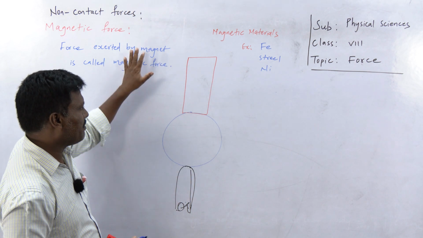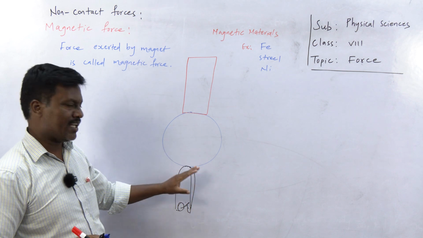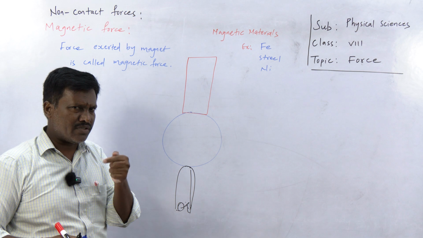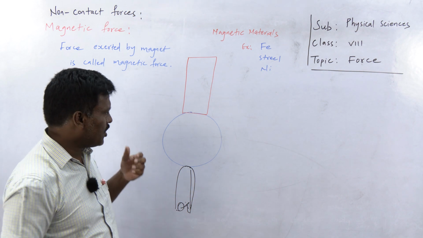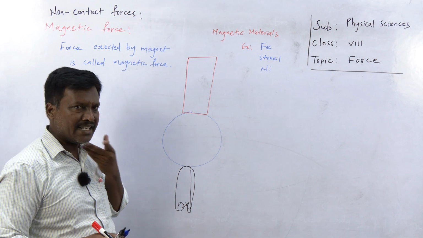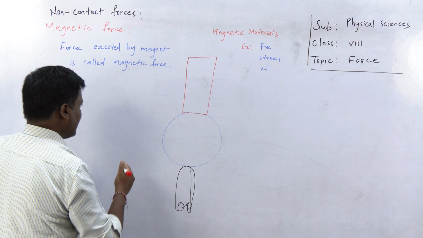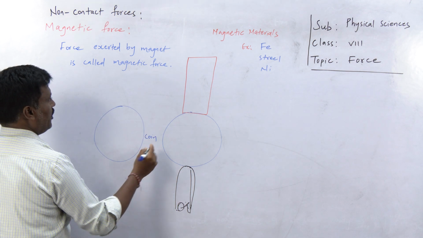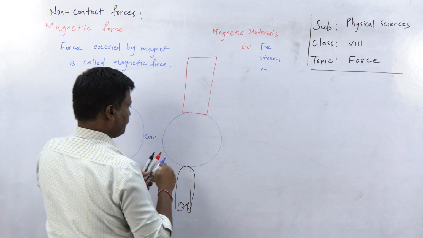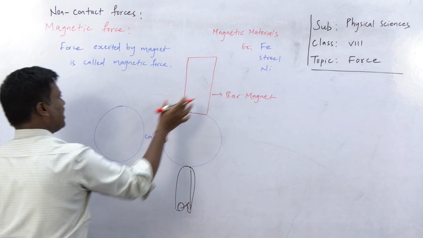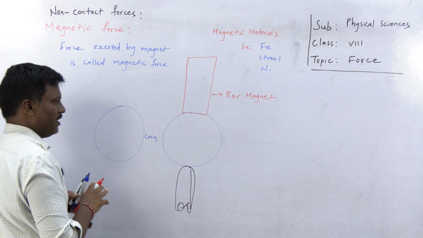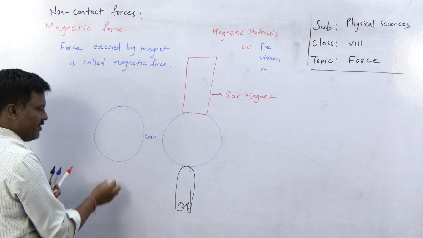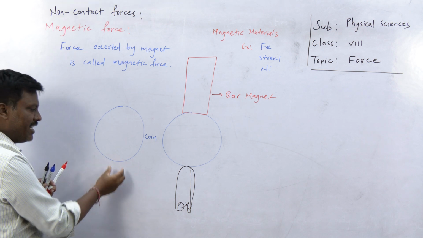Even when we remove the magnet, this coin is able to attract the safety pin for a long time, as you have just seen. So how is it possible? What is the reason behind that? I'll explain. When we don't keep this bar magnet on the coin, it doesn't attract the safety pin. The safety pin falls. Even if you touch the safety pin with the coin, it falls.